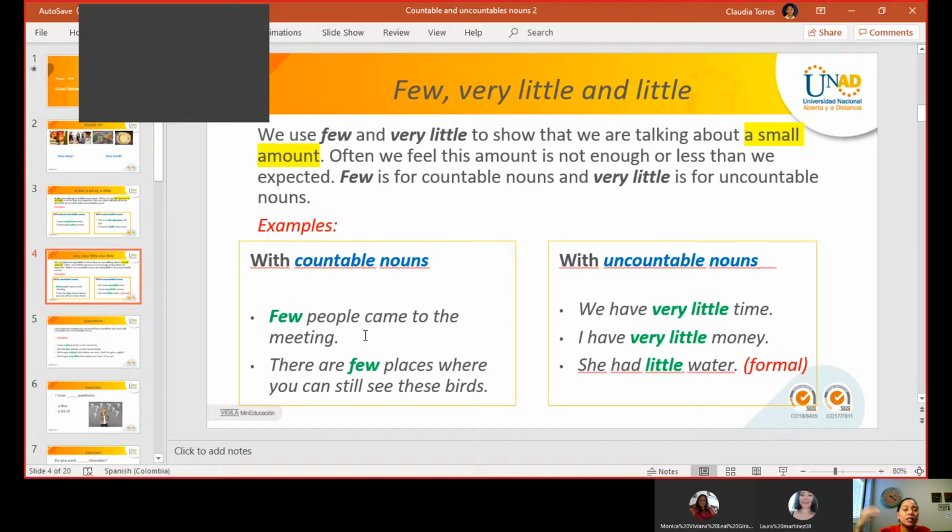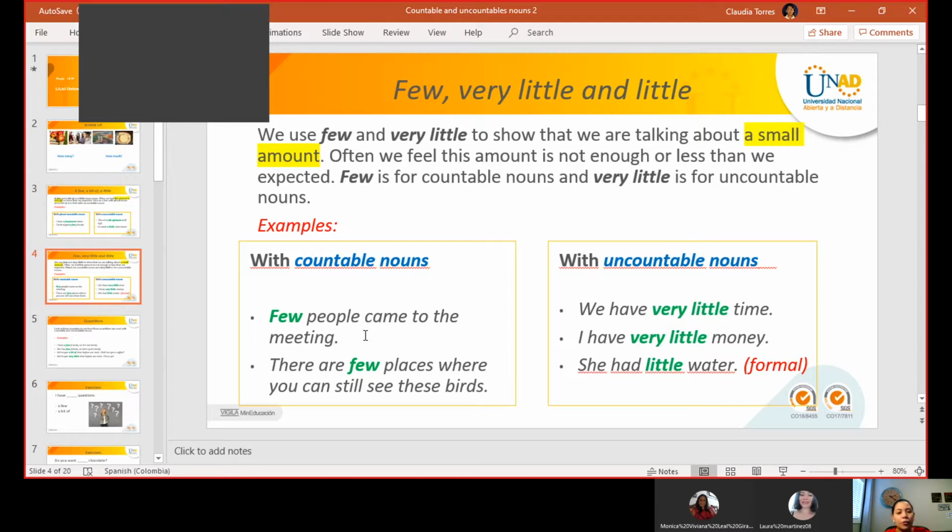So you expected more people, right? But there's only 3 people. So it's not enough to have the meeting because you expected 30, not 3, right? And remember, people is a countable noun, right?